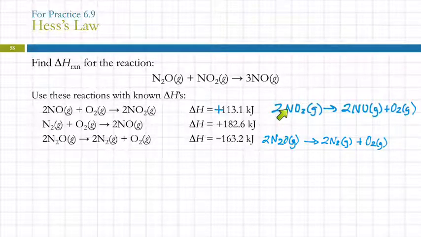So this is going to give me 2 NO2 and 2 N2O on the left side, and it's going to give me 2 NOs on the right side. But now I've got these oxygens and the nitrogens, and I'm going to have to cancel them out somehow. So I want to use this one. So I'm going to put that one in as it's written also. Just line these up a little better.